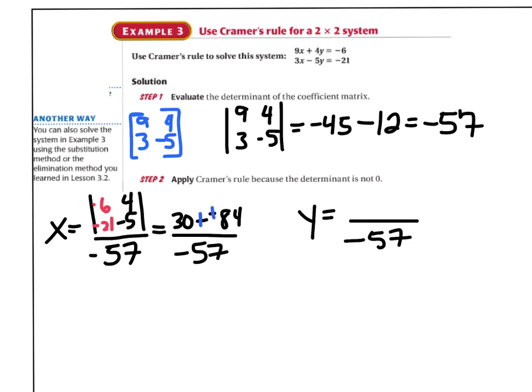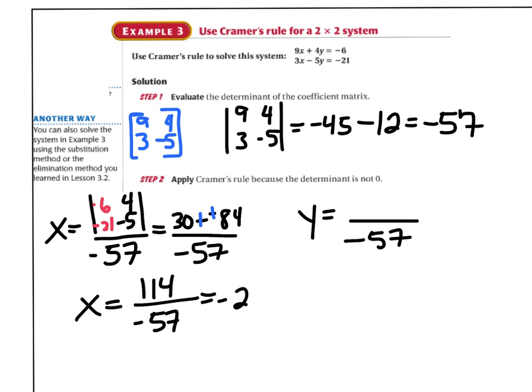Then I will rewrite that I have x equals, I have negative 57 on the bottom, and when I take 84 plus 30, I'm going to get 114. And then that actually is divisible, and your x turns out to be a negative 2.